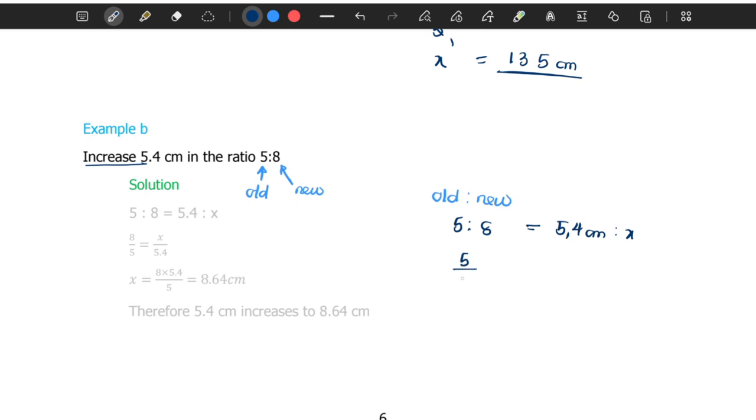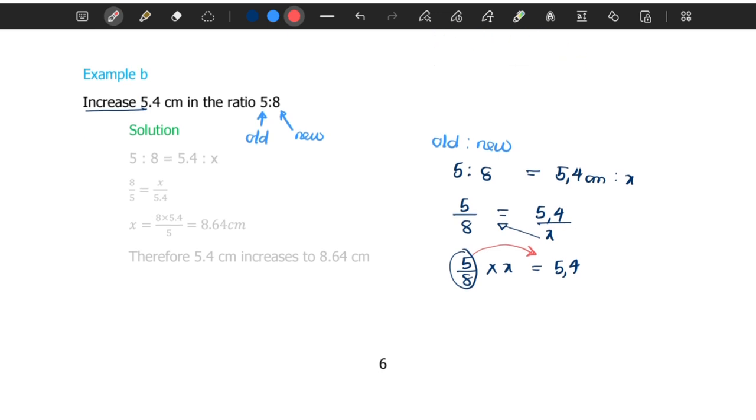So 5/8 is equal to 5.4 over x. So we make x the subject of the formula by making it cross the equal sign, then it multiplies. So that means 5/8 times x is equal to 5.4. But then we now have to have this fraction cross the equal sign by inverting it.